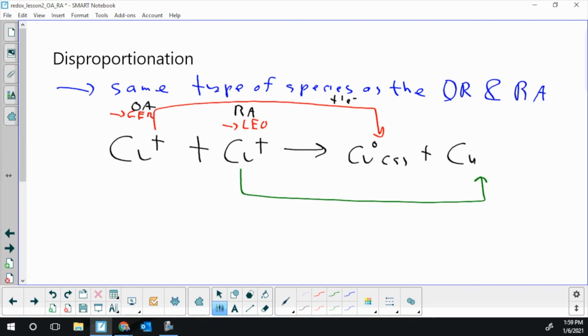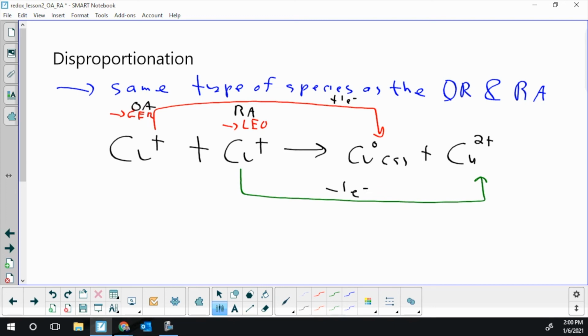If it loses 1 electron, it'll become +2. If it loses 2 electrons, it'll become +3. But we only see the 2+ type in our booklet. Okay? Copper +1, its only option is to lose 1 electron and become +2.